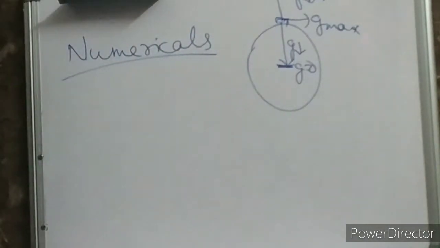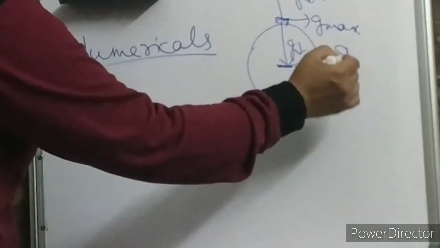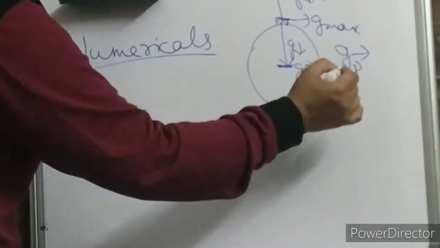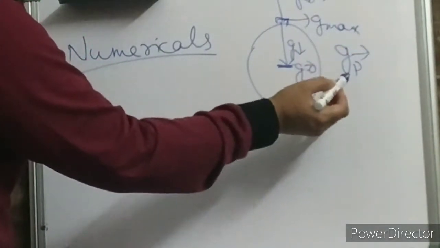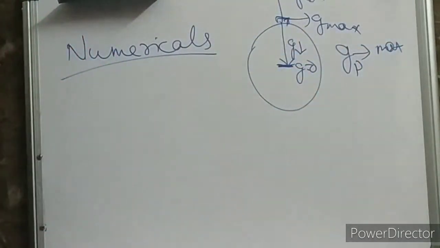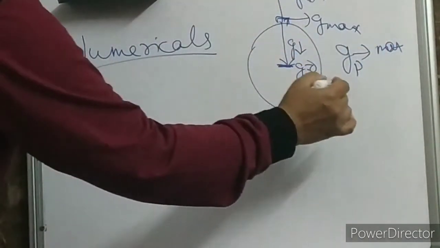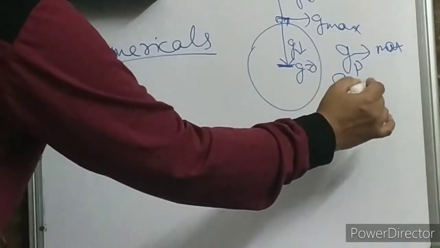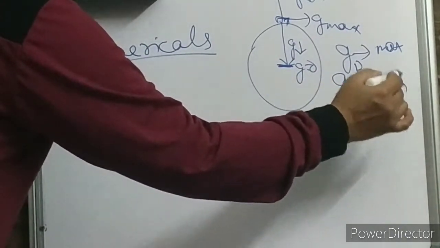So with altitude how g is varying, we have discussed, and also at the pole. At the pole g is maximum, Gp, because r is minimum over there, and at the equator it is minimum, children.